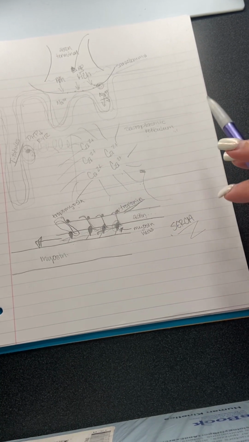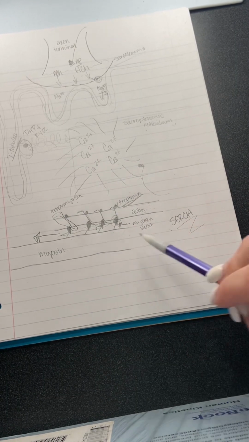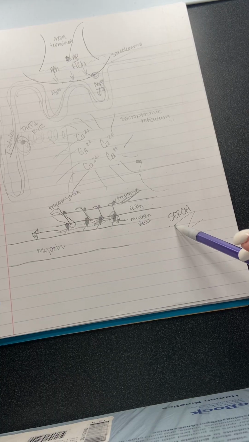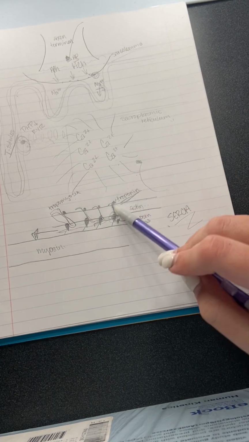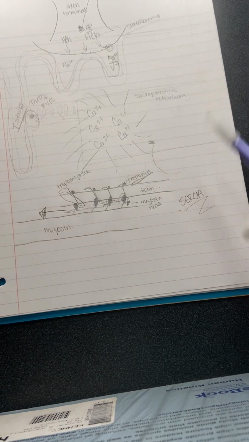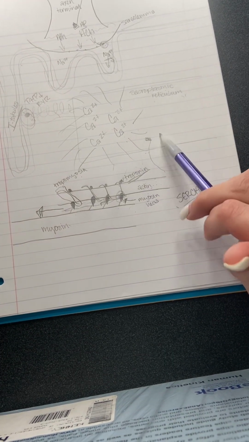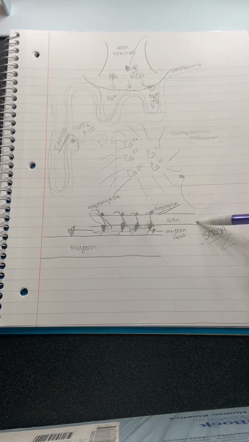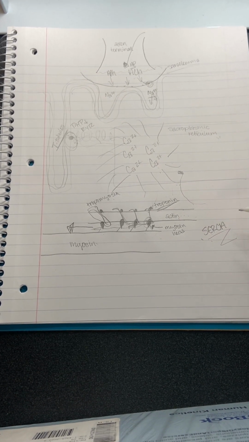Okay, so then how do we get this muscle to release? Or not release, but decontract, because as long as we have calcium in this muscle, it's still going to be contracting, right? So we need to figure out a way to get this calcium back into the SR so that we're not contracting all the time, because that would not be good.